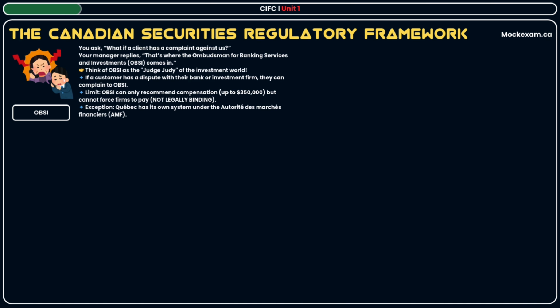I mean, OBSI just suggests that, okay, based on this situation, based on the incurred loss, based on the whole scenario, I recommend that, hey, bank, you pay, for example, X amount up to 350,000 to your client. I mean, I cannot force you to pay, but I highly recommend.